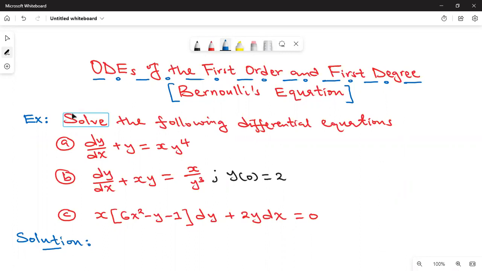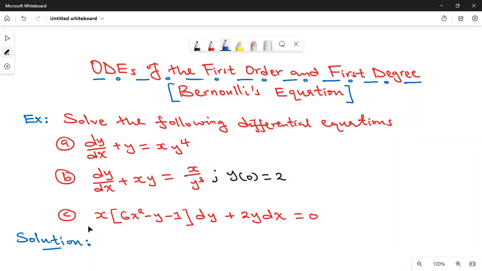Now we are given this example. We are asked to solve the following differential equations. In part A, we have dy over dx plus y is equal to x times y raised to 4. In part B, we have dy over dx plus x times y is equal to x over y cubed, subject to the condition that when x is equal to 0, y is equal to 2.